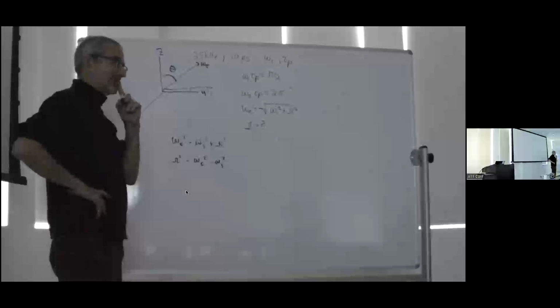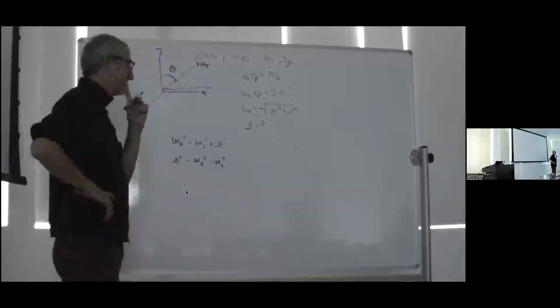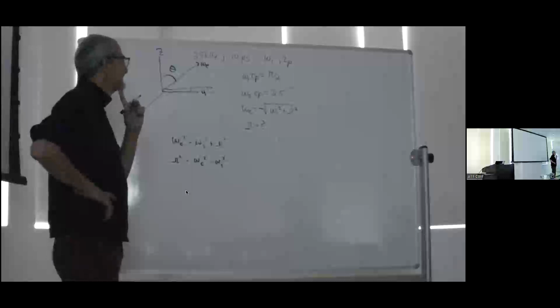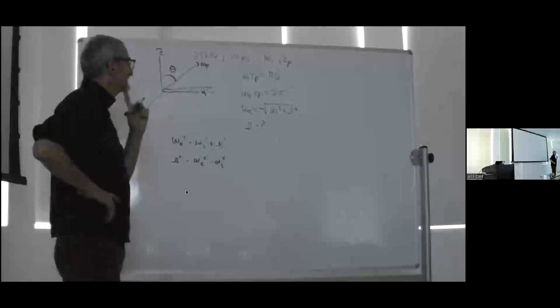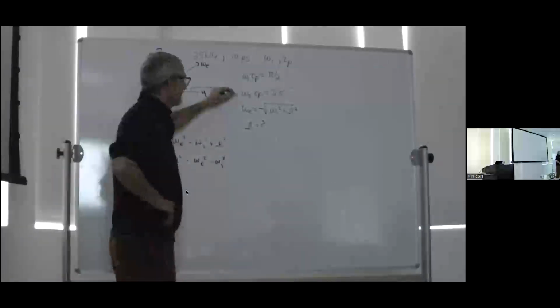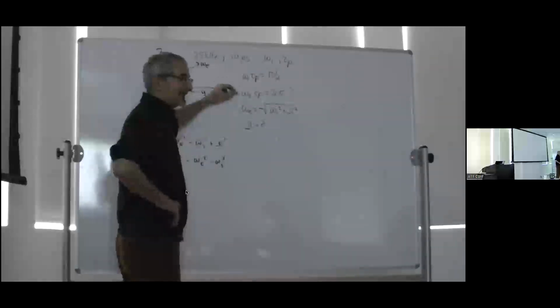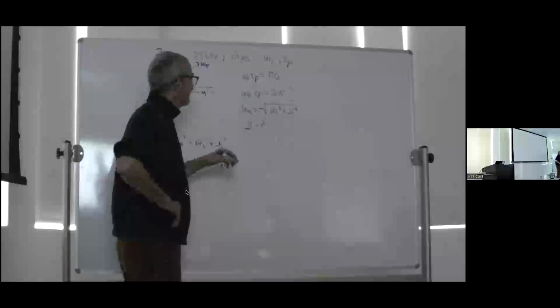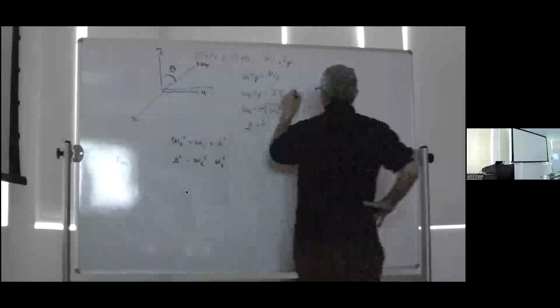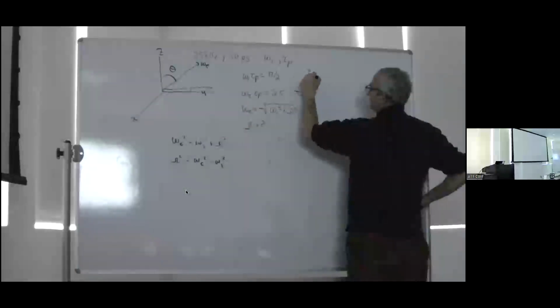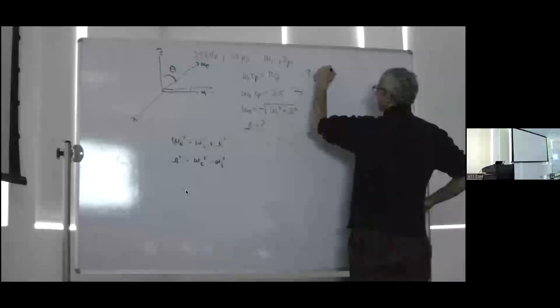Well, let's not take the square root yet. I have to make use of these equations. Here, tau p is pi over 2 over omega 1.